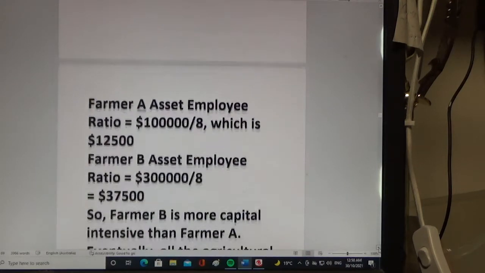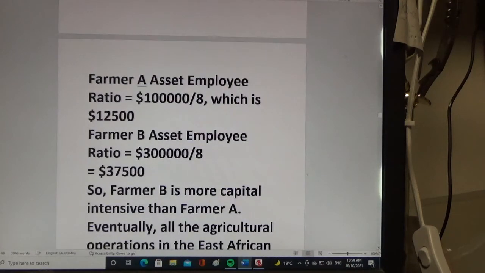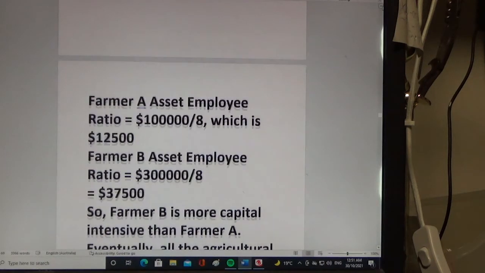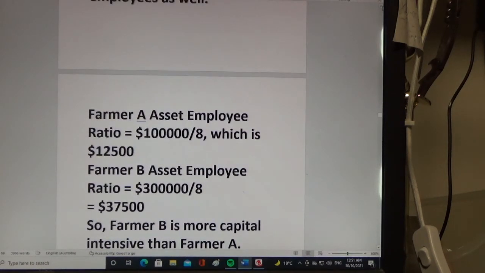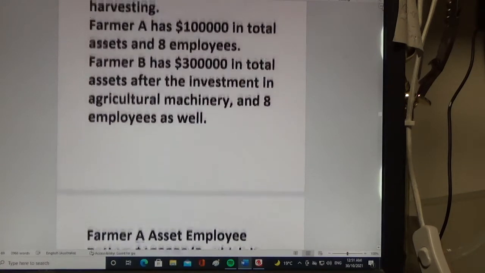So Farmer A's asset employee ratio is 100,000 over 8, which is 12,500, but Farmer B's asset employee ratio is 300,000 on 8, which gives you 37,500, right? So let's just see if the example's authentic. Did I put Farmer B?